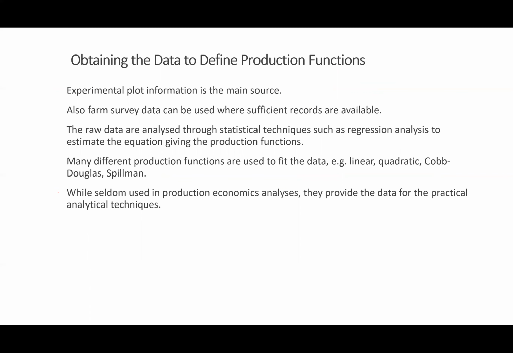The question of obtaining the data to define the production function. Typically, that's the old method, but it is still available. The most reliable way to obtain the data is to design experimental plots. For cow production, for example, it will be the same thing.